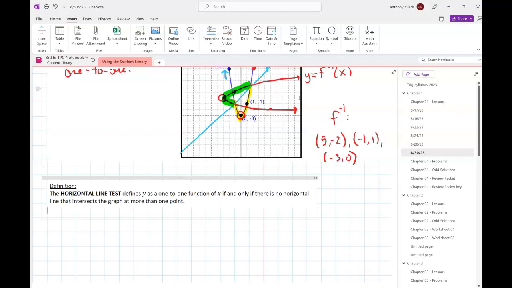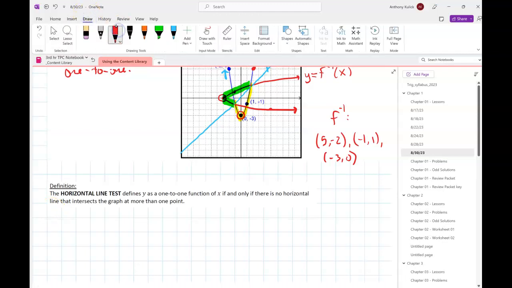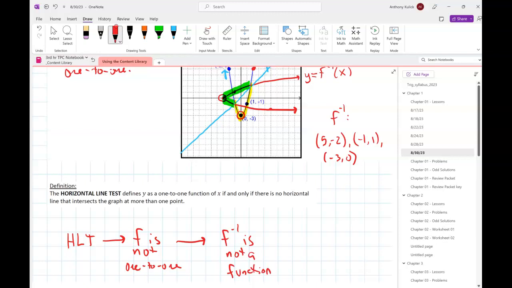Furthermore, what can we say about the horizontal line test? It tells us if a function is not one-to-one, and if f is not one-to-one, that would tell us that f inverse is not a function, right?